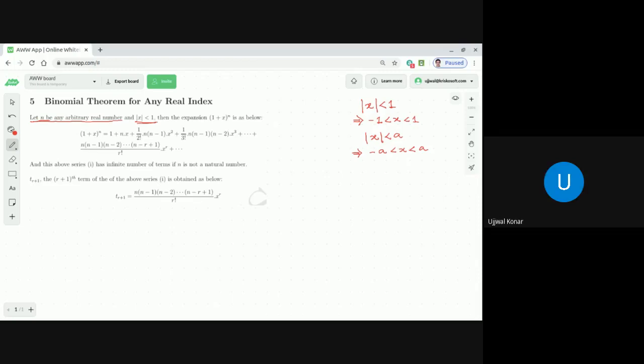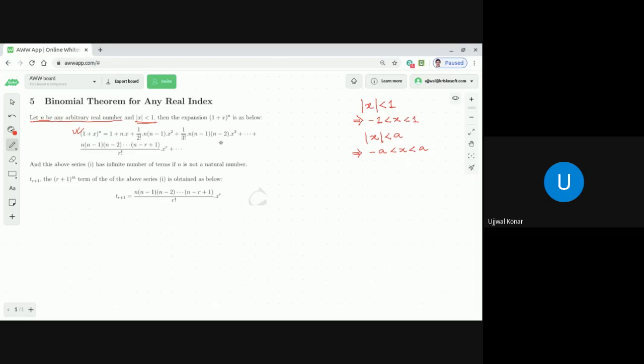Let n be any arbitrary real number and mod x is less than 1. Then we can expand (1 plus x) power n, something like this. (1 plus x) power n is equal to 1 plus nx plus 1 by factorial 2 into n into (n minus 1) into x square plus 1 by factorial 3 into n into (n minus 1) into (n minus 2) into x cube, and so on.